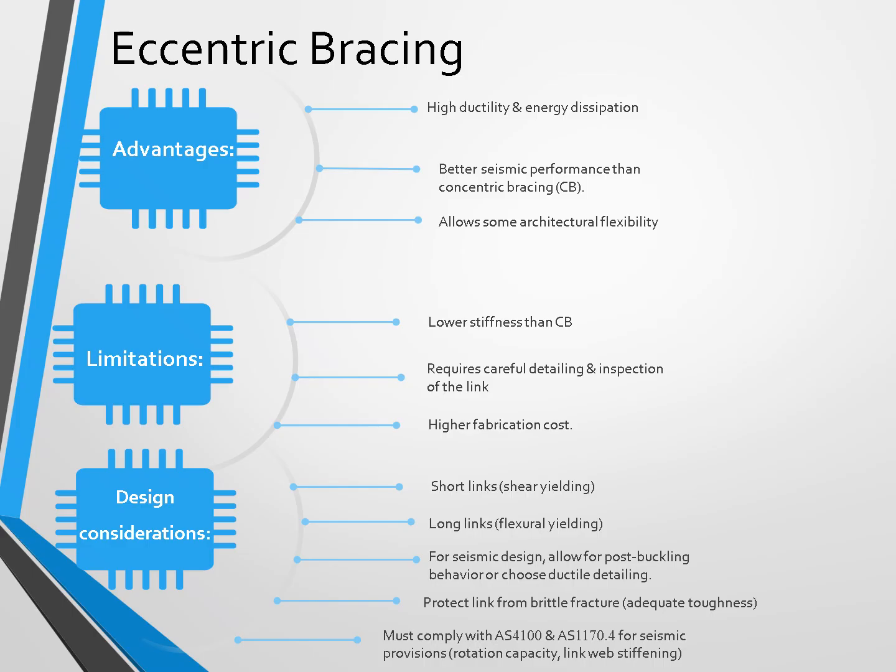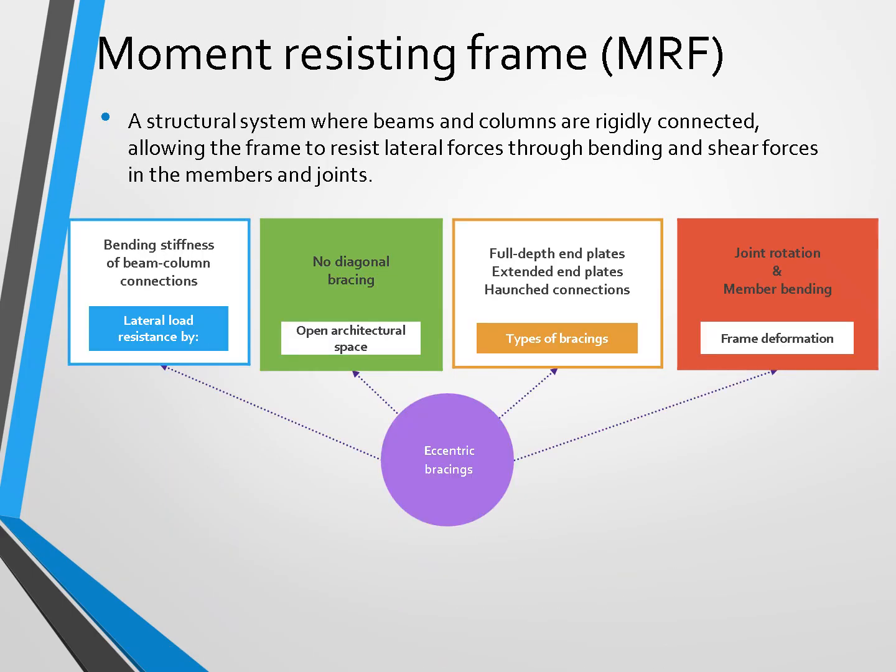We need to check rotation capacity through the connection and link web stiffening, especially for the beam, because of the introduction of this weak link in the beams. The flexural stiffness of the beam affects the eccentric bracing system, so it mostly relies on the flexural stiffness of the beam and this link.